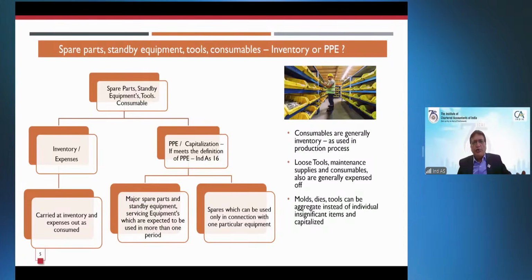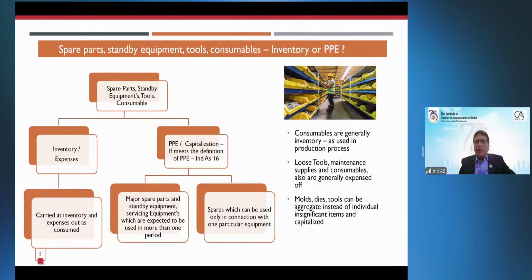There are huge molds and dies which give shapes to different components of a car or maybe a vehicle. Since they are used over a period of time, the individual item may be insignificant, but all molds and dies can be put together and carried as part of PPE.